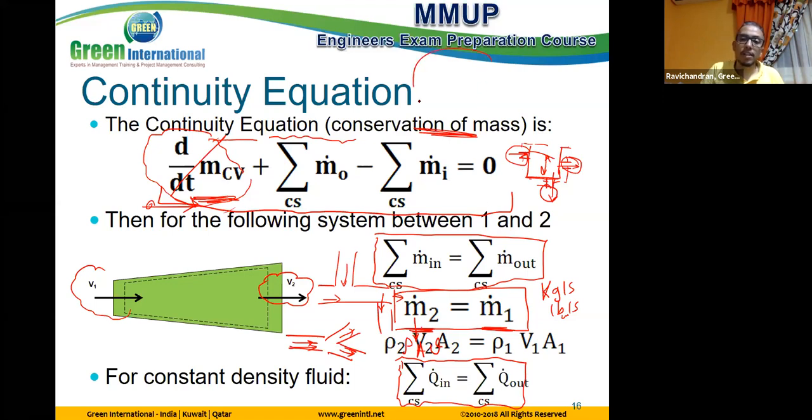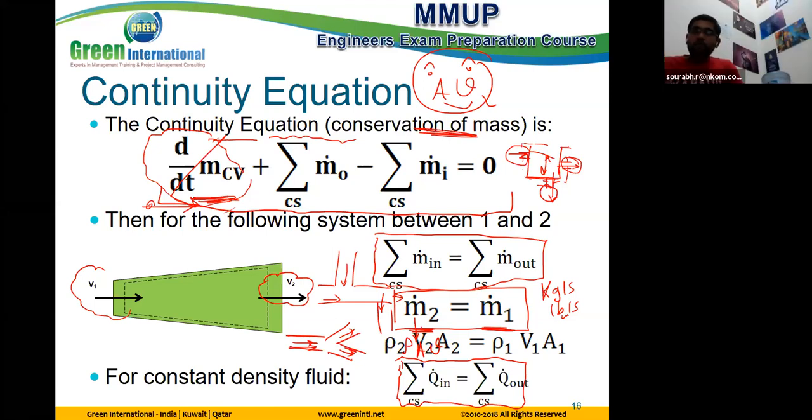Don't forget this for the exam. Q is equal to AV. The top one is for compressible fluid, the one below is for incompressible fluid.